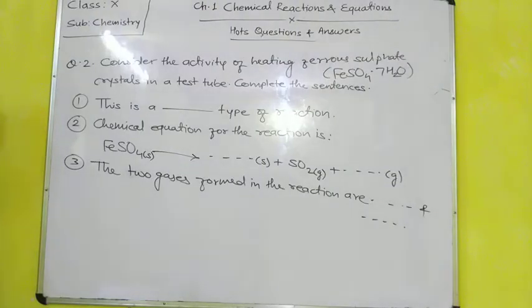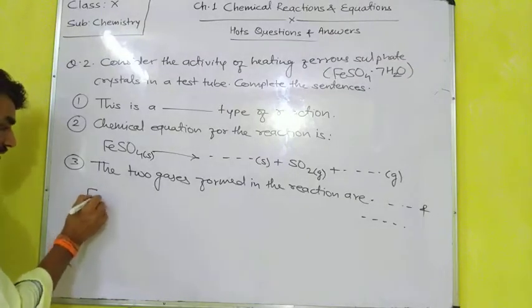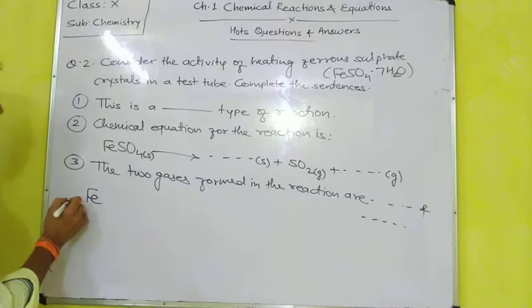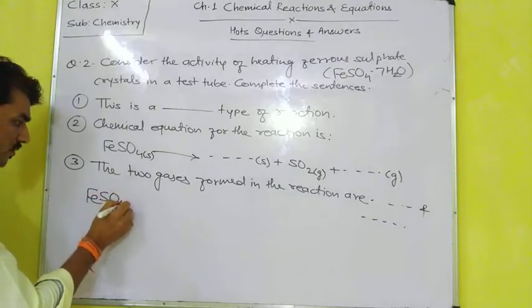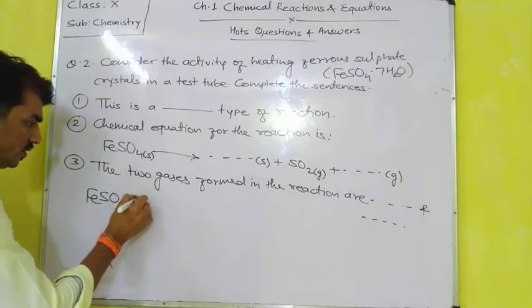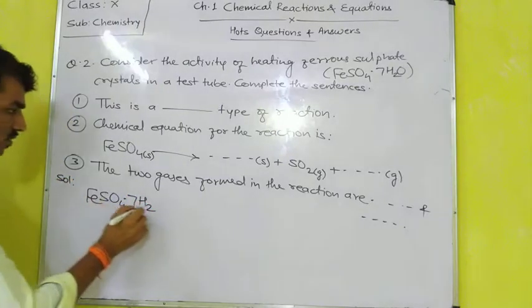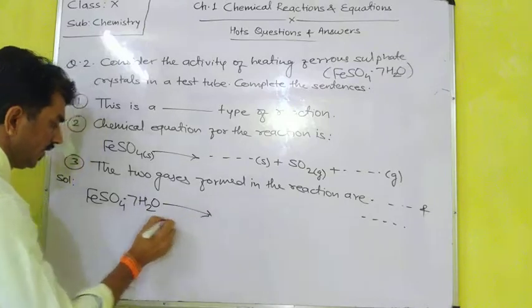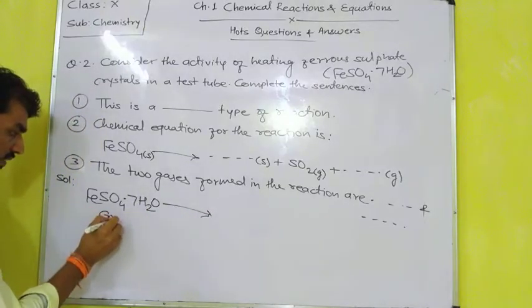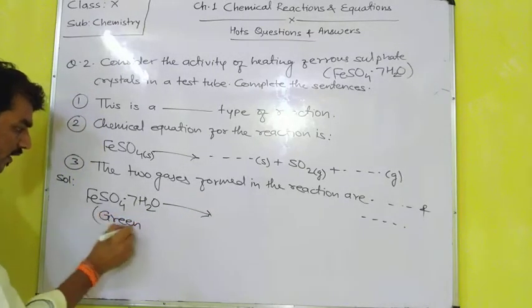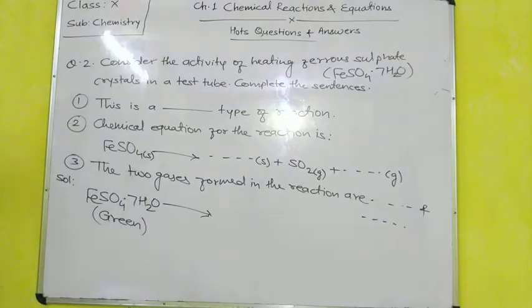After that we have to heat it on a spirit lamp. After some time, in the first step, FeSO4.7H2O, hydrated ferrous sulfate, is green in color.